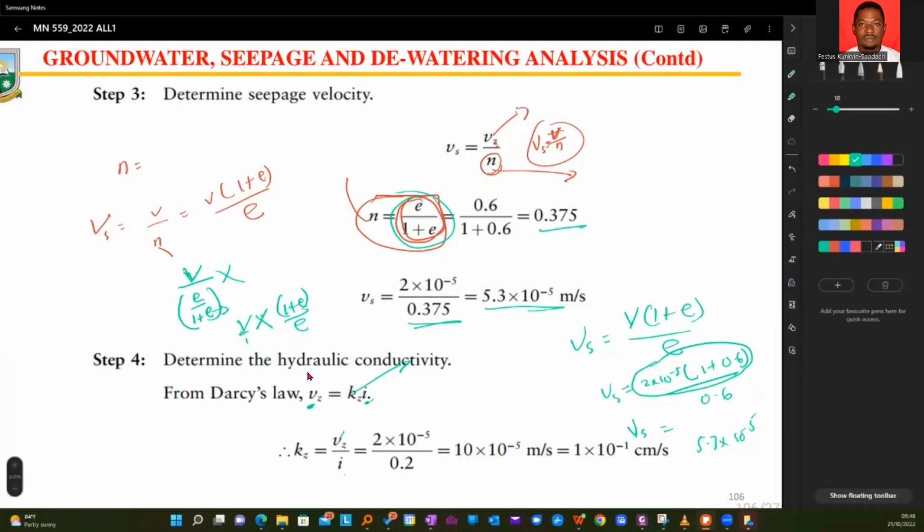So this hydraulic conductivity is the same as your coefficient of permeability, which is denoted as K. So you have this already computed, and you know this, which you did in the first step. So substituting these things, you come up with this value. And that becomes your answer for this whole thing they have given you.